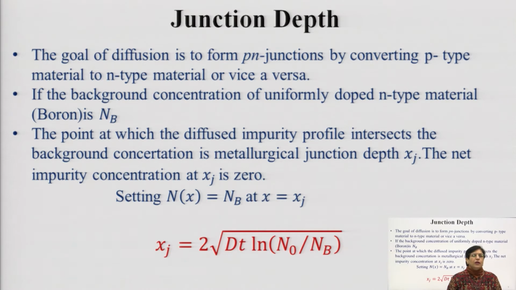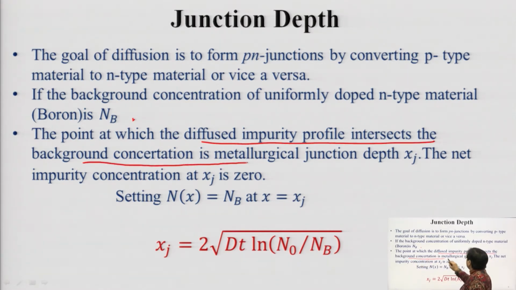Now, if the background concentration of the uniformly doped n type material is given by Nb, please understand, the point at which the diffused profile intersects the background concentration is the metallurgical junction depth Xj.